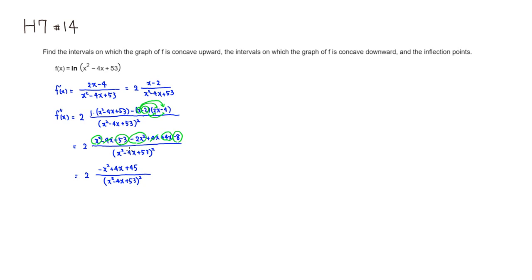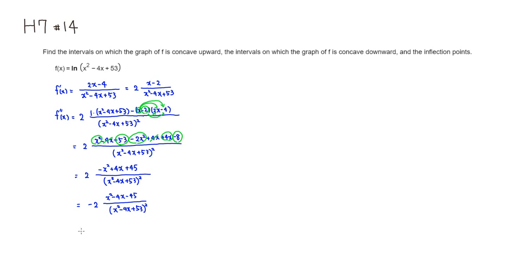So let's see if we can factor this out. I'm going to first pull out the negative sign, so negative 2 times x squared minus 4x minus 45. The denominator is exactly the same, x squared minus 4x plus 53, squared.